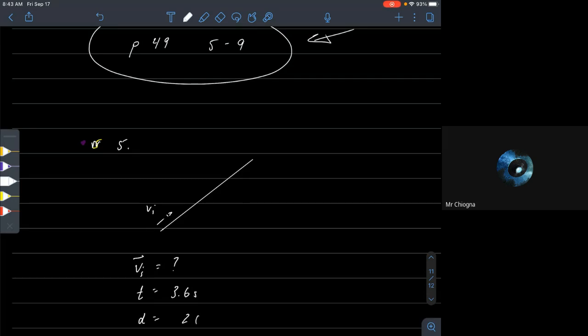2.6 goes up the slope. That's considered positive. Now, the key thing to pick up on is that it mentions the ball reaches some maximum height, some maximum displacement.